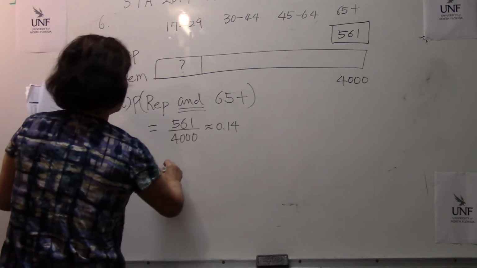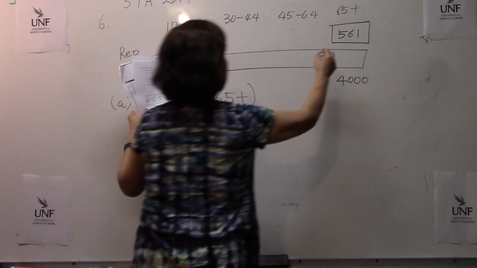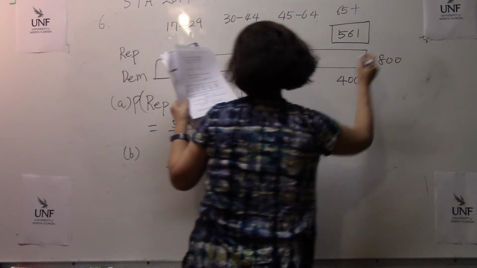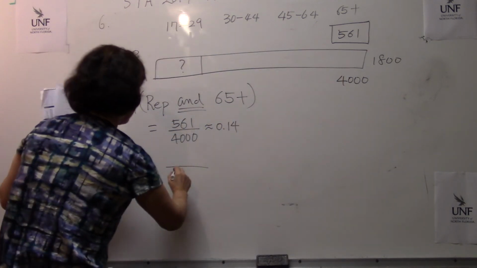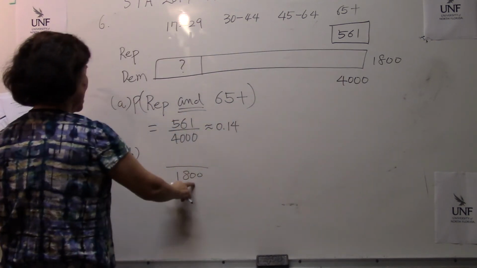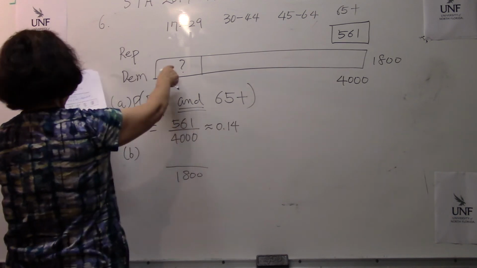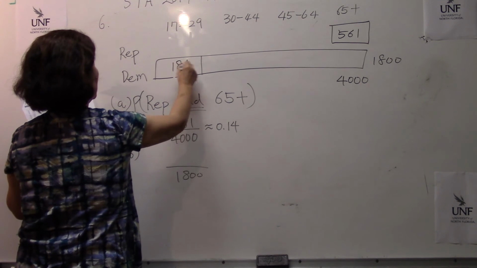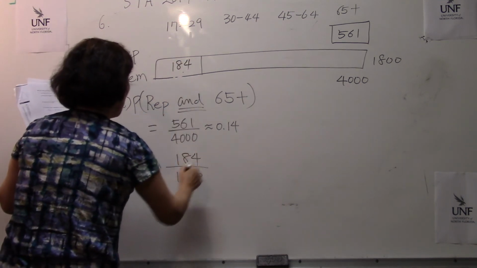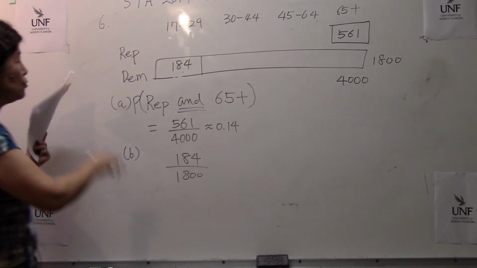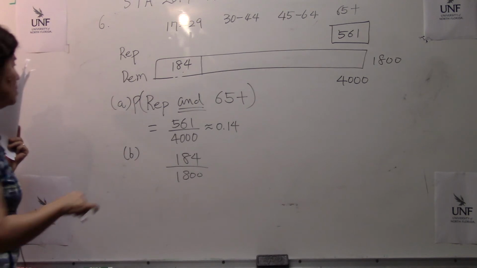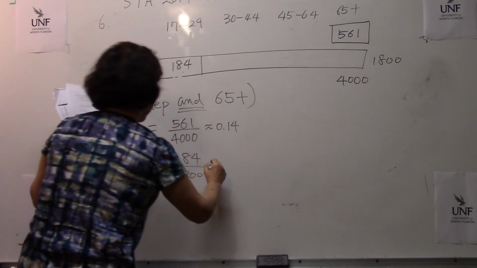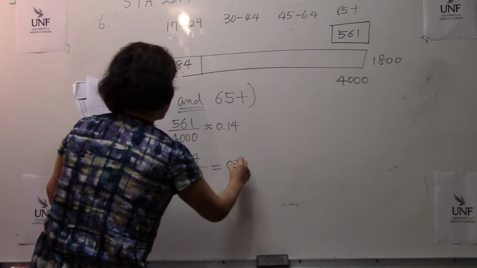So you go to the Democrat, the total is 1,800. Therefore, you are going to say 1,800 out of this. How many are in this group? That is 184. Okay, so 184 over 1,800. Do not use 4,000 because this time Democrat is already known. Okay, so that is roughly 0.10.